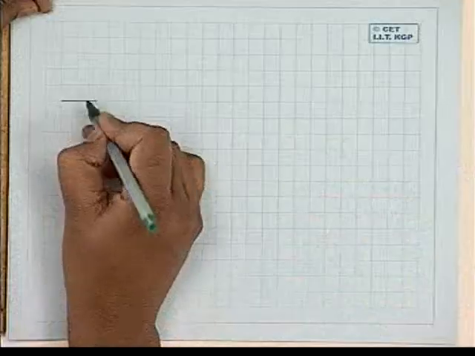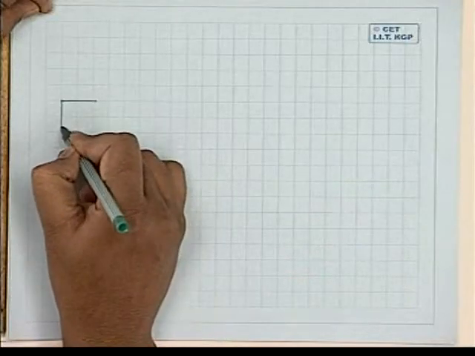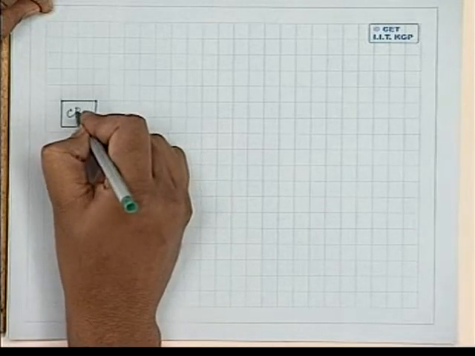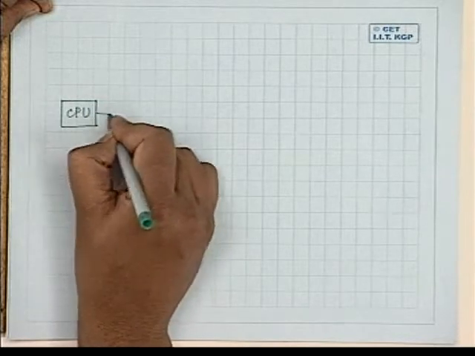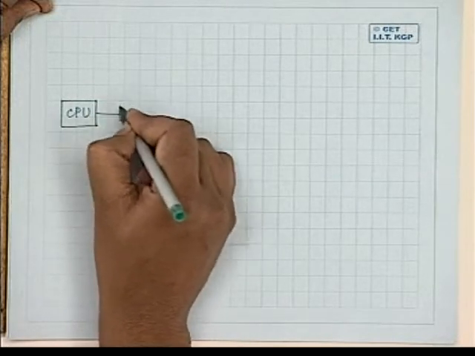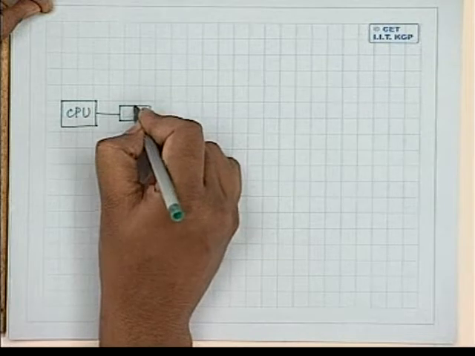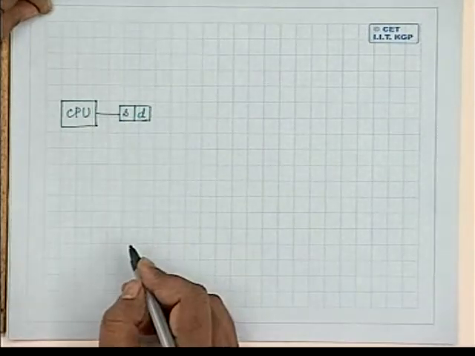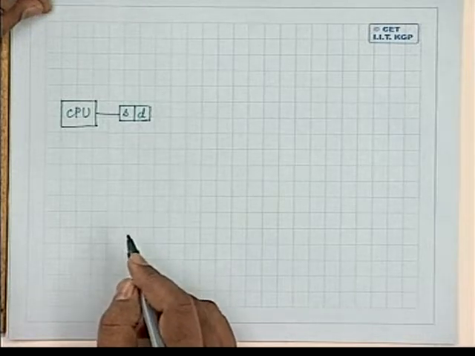The CPU generates an address. The address is a two-component address S and D, where S is the segment number and D is the offset within the segment.